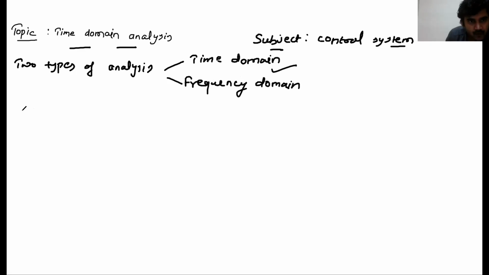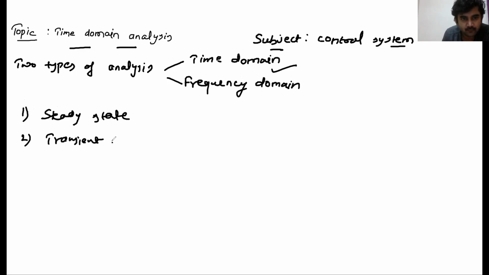Now, first let us start with some fundamentals: steady state and transient state. What do you mean by steady state? In this analysis, we will calculate the error in the control system, the magnitude of the error.